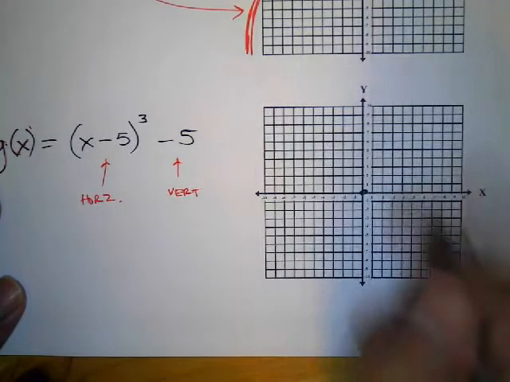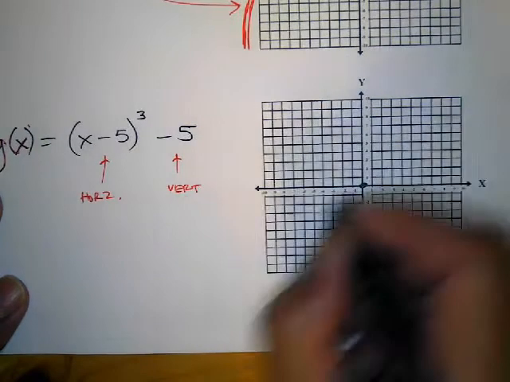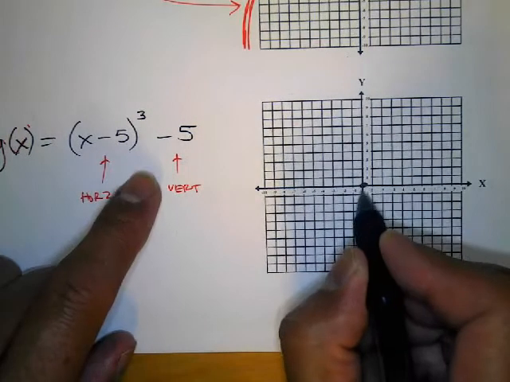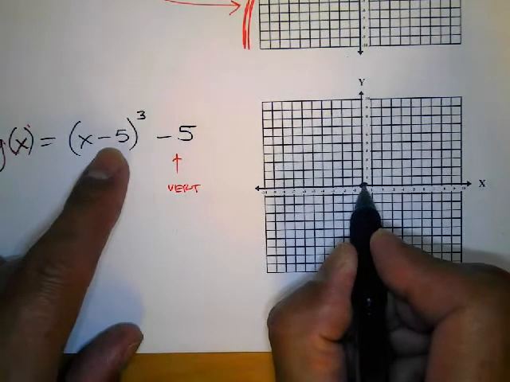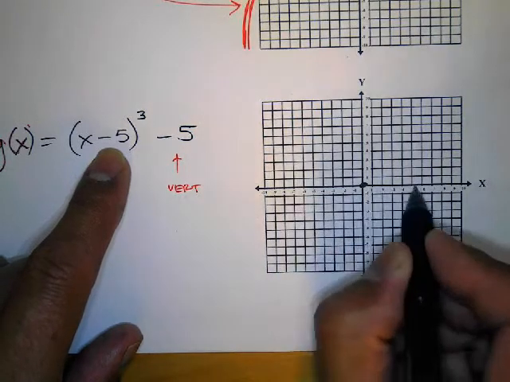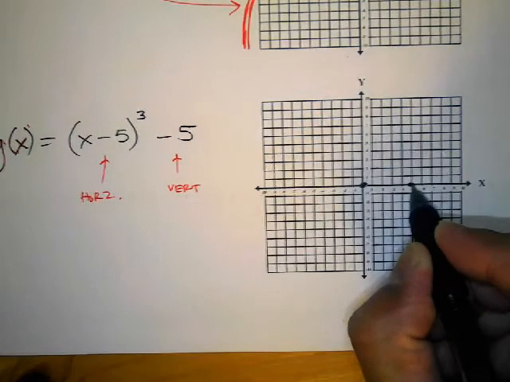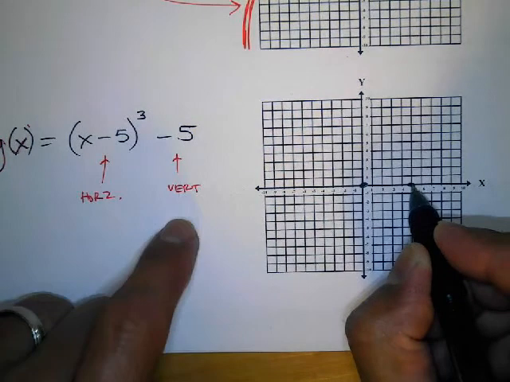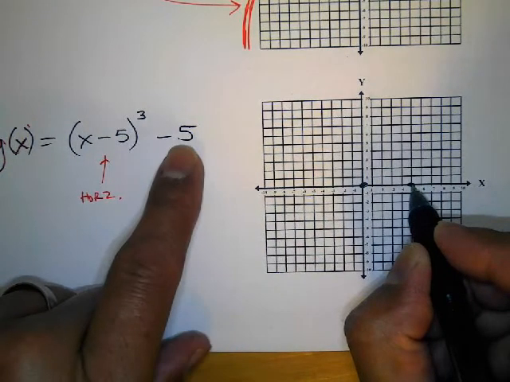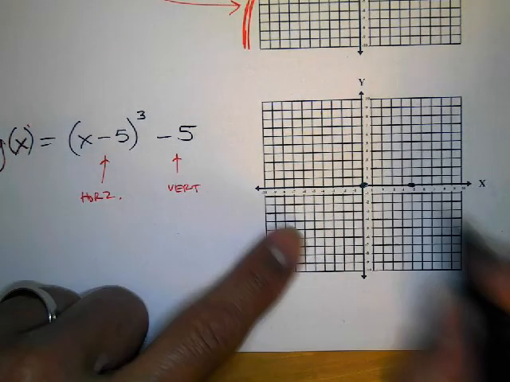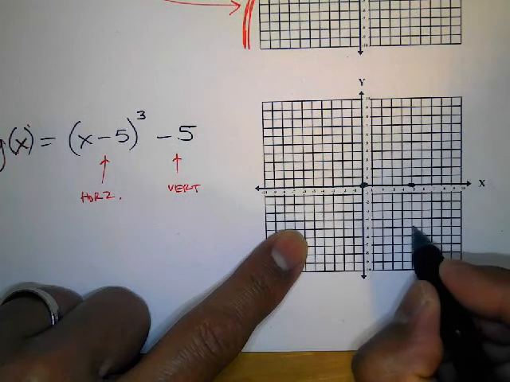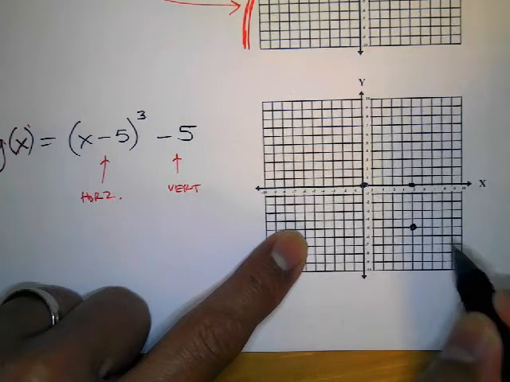So if I start here at 0, 0, I know I can imagine my graph there, but it's going to move. So I'm just going to move the vertex to, not to negative 5, to positive 5. So now it's here. Right, I went this way. Now it's here. And then what does this tell me? Plus 5 is up, minus is down.